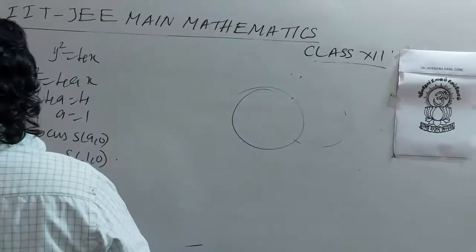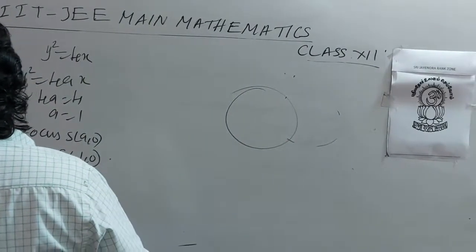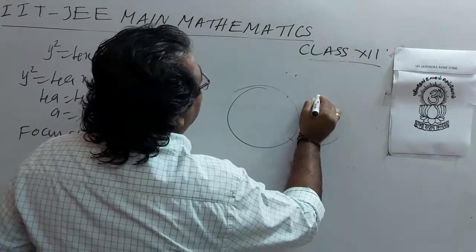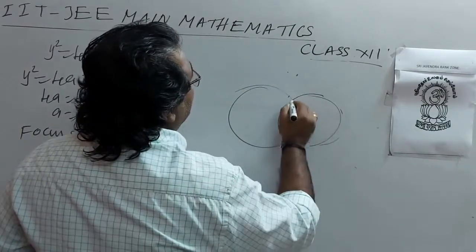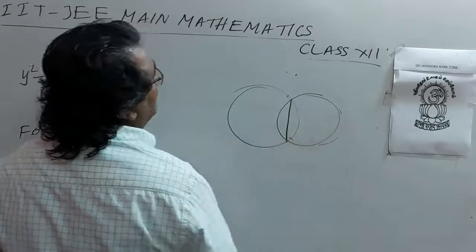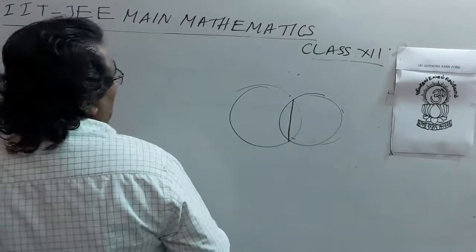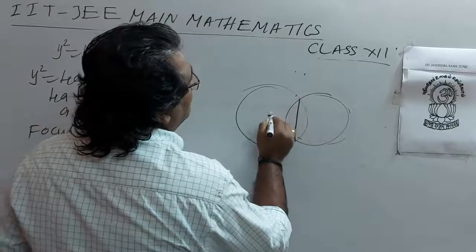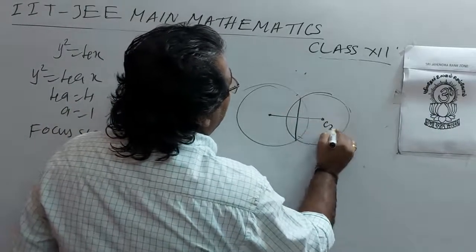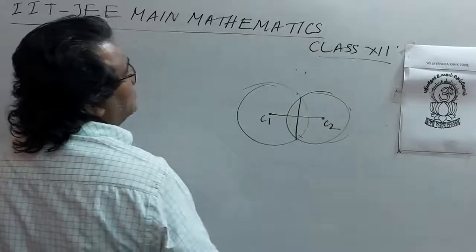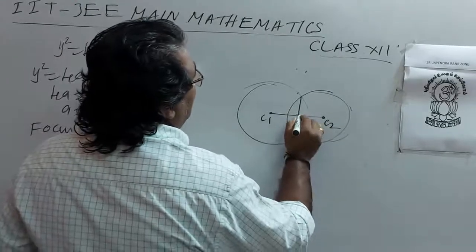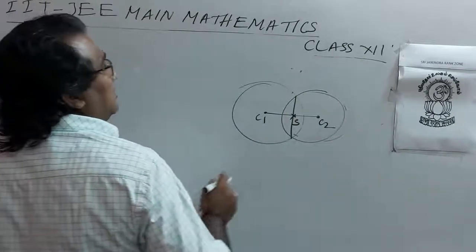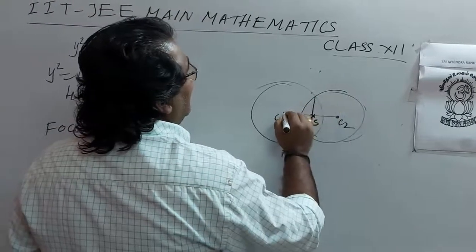Two circles having radius 2 root 5, same radius. C2, C1. This is S, because the latus rectum remains the common chord.